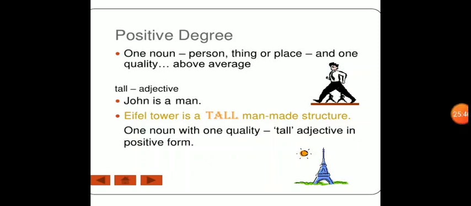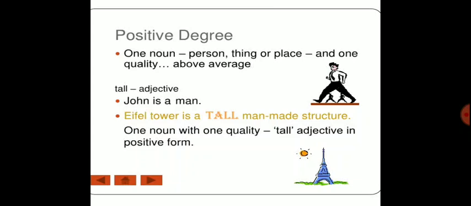So positive degree is a term that relates to adjective and adverb. An adjective or adverb that does not make a comparison is said to be in the positive degree. In other words, the positive degree is the normal form of an adjective or adverb.